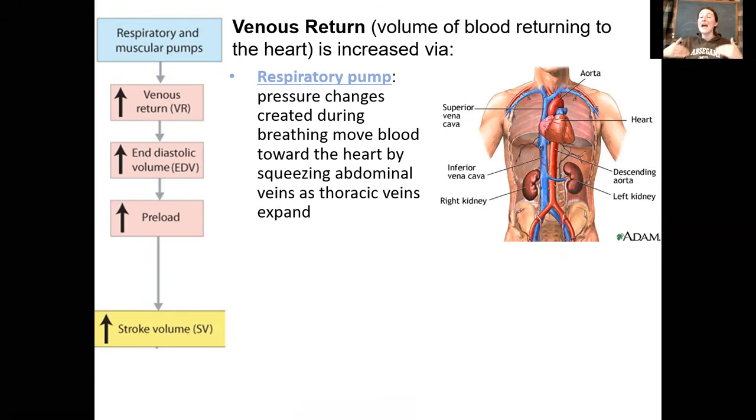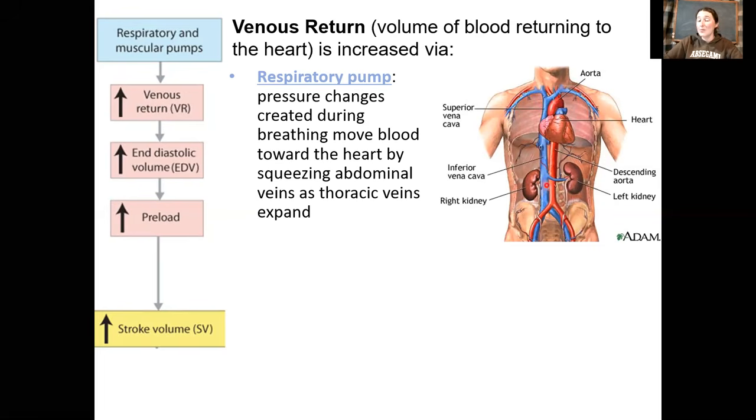However, when you take an exhale, right? Long, deep exhale, all of a sudden, this blood, which has been pooling and unable to go past here, is going to be allowed to flow, right? So the pressure of the thoracic cavity is going to decrease as you exhale. And now this thoracic cavity is a lower pressure than your abdominopelvic cavity.